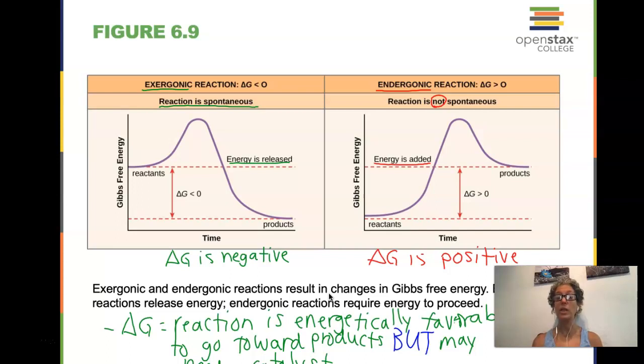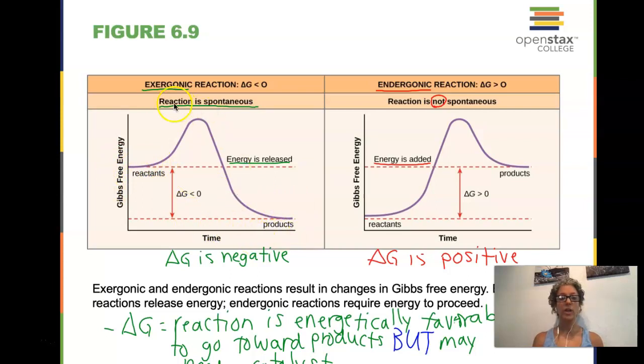That will be our Gibbs free energy, and how much interaction has to happen in order for a reaction to start at all. That is our activation energy. Here we're looking at the Gibbs free energy. The difference in energy between the reactants and the products.